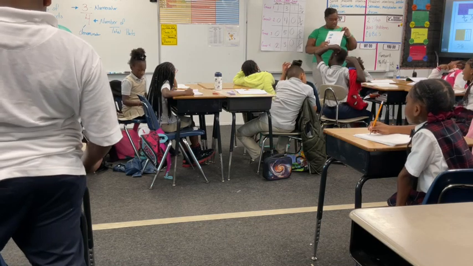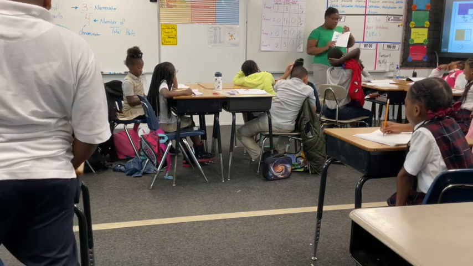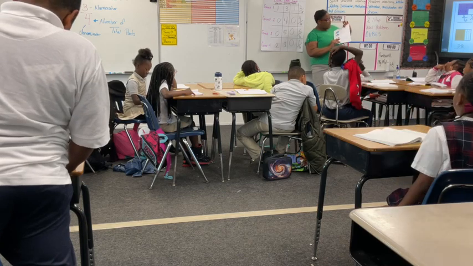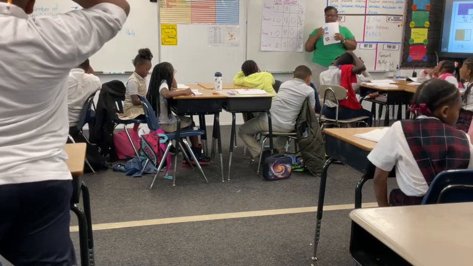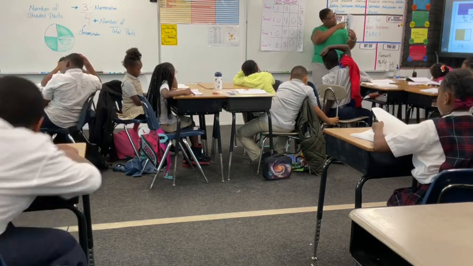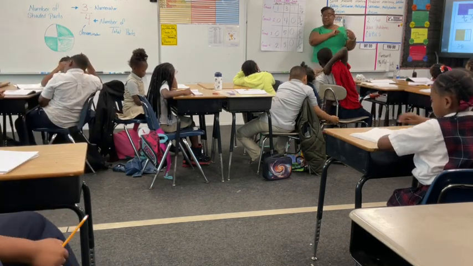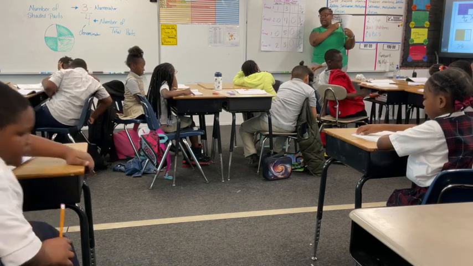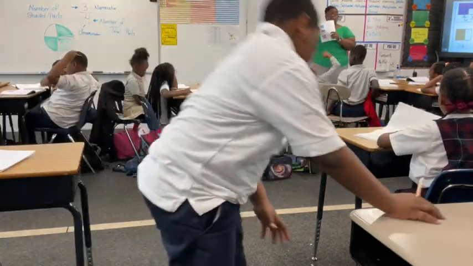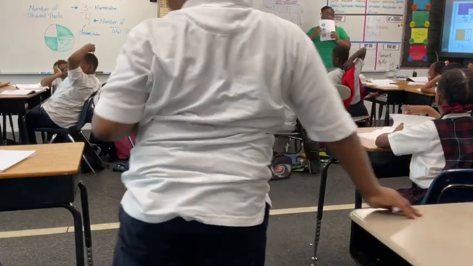In number 1 it says, write the fraction that represents the number of green tiles. So first you have to count all the tiles, right? And then you have to tell which ones are green. The ones that are not blue are green. You got that, right?